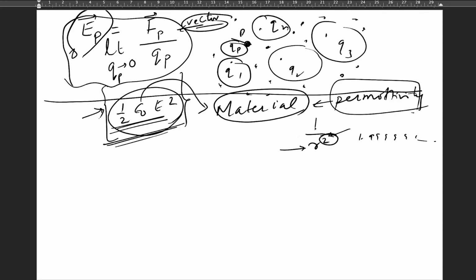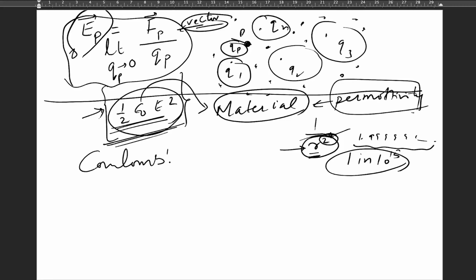We will see later on so many things like Gauss law and its application, and from that we will find it is truly r square and not some 1.99, and it has been measured experimentally also, and its accuracy is more than 1 in 10 raised to power 15. However, we should know that this Coulomb's law starts to give wrong results when we go below 10 raised to power minus 14 centimeter scales.